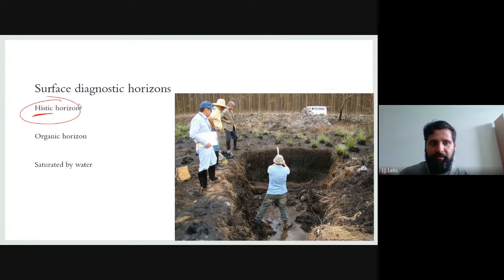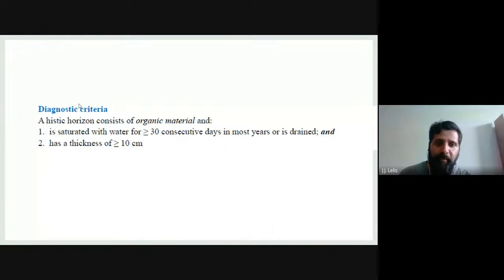It's not a saturated horizon. The diagnostic criteria are quite similar. The difference is especially the saturated period, where you have at least 30 consecutive days that the soil is saturated. So all voids are filled with water.